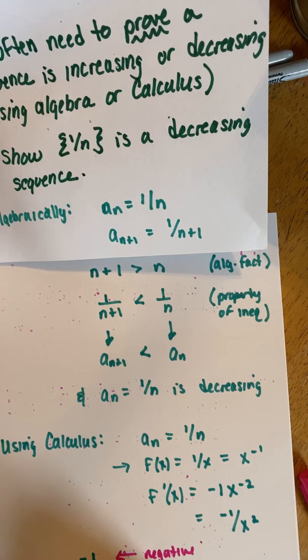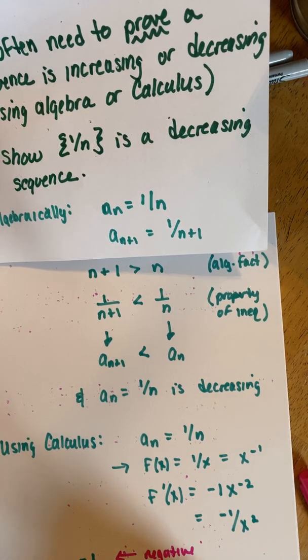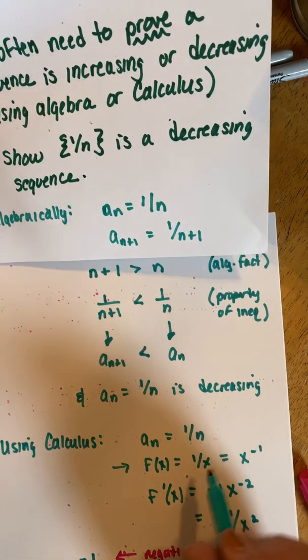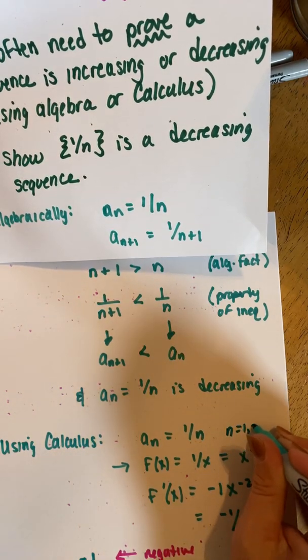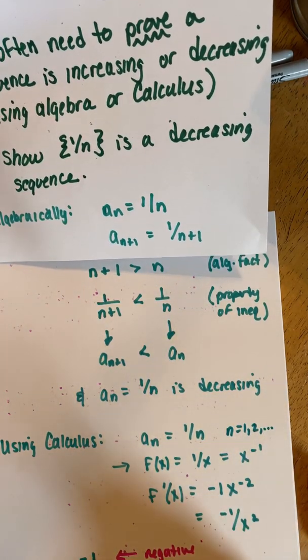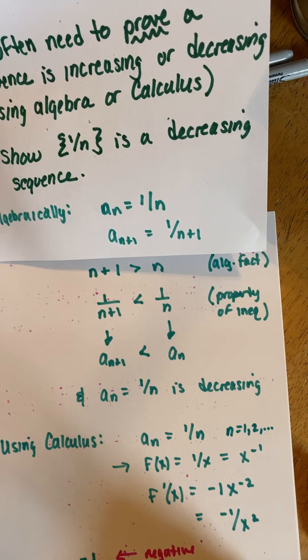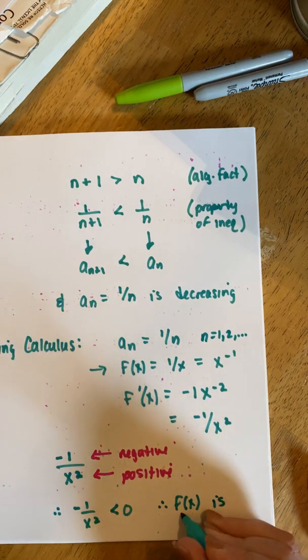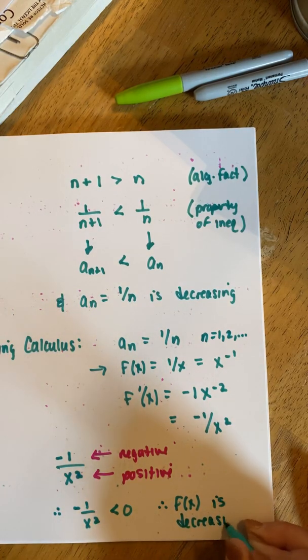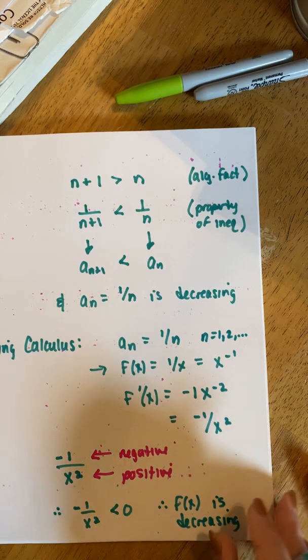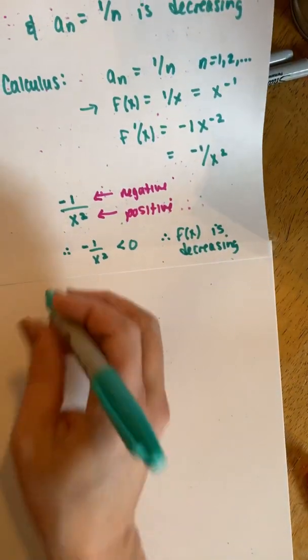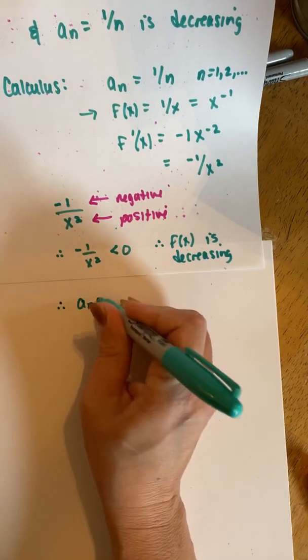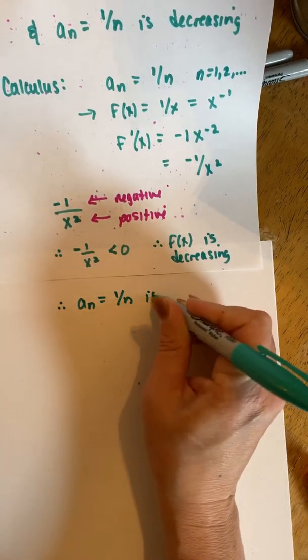Remember, we're only talking about n equals 1, 2, and so on. So since its derivative is negative, the function is decreasing. Therefore, we can conclude its corresponding sequence is decreasing.